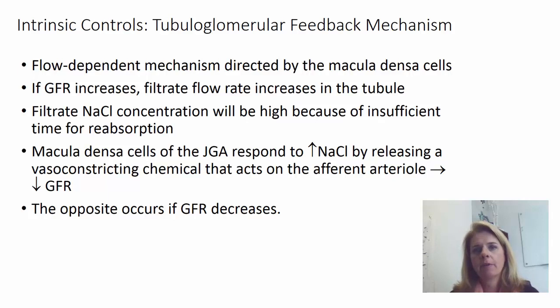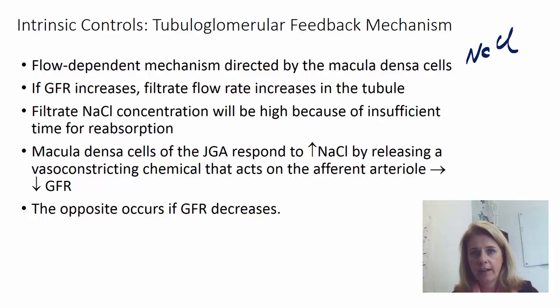All right, so what's happening? What is the tubuloglomerular feedback mechanism? It depends on the flow. It's a flow-dependent mechanism, so basically the flow of the filtrate that is directed by the macula densa cells. So what do the macula densa cells do? They are sensing what? Sodium chloride.